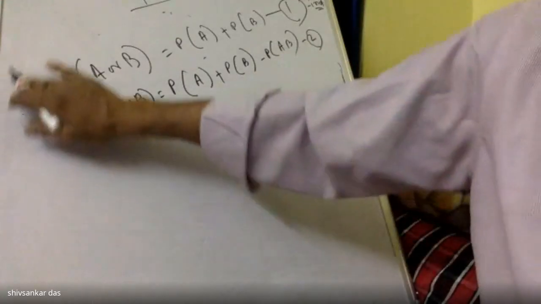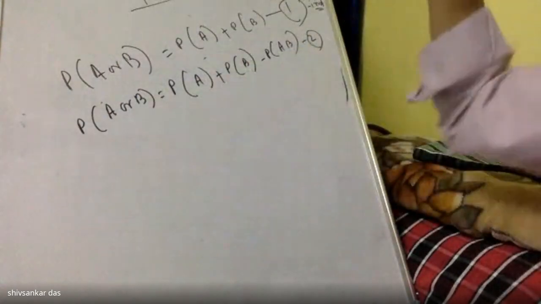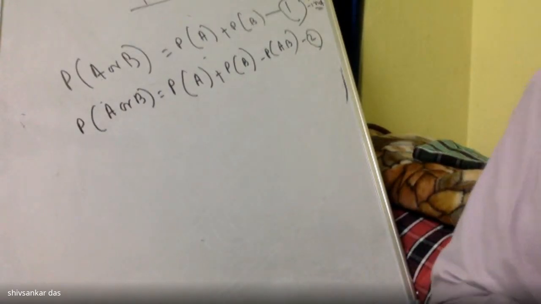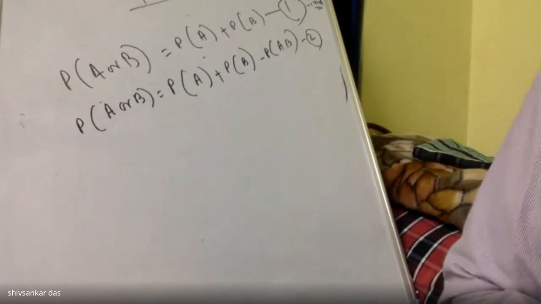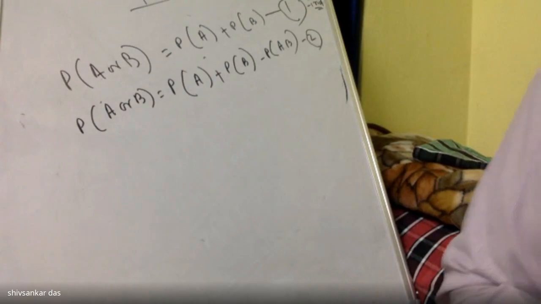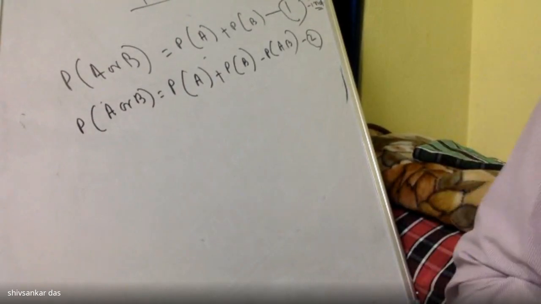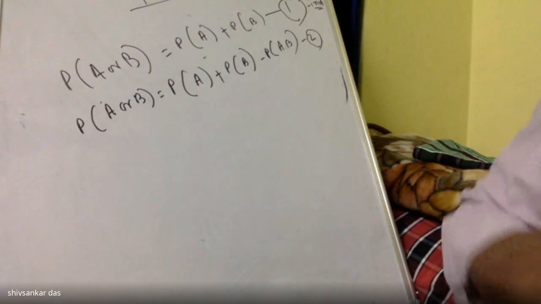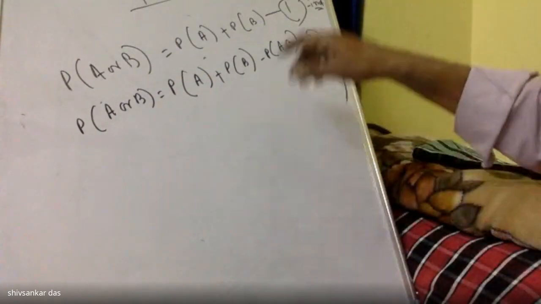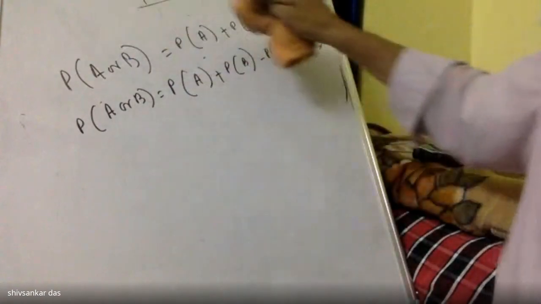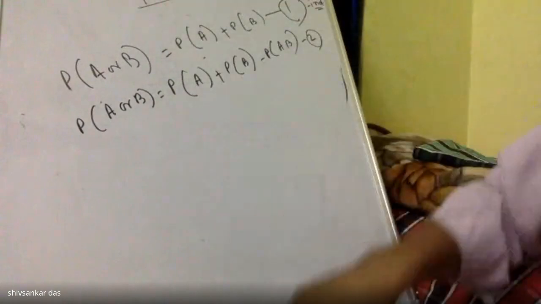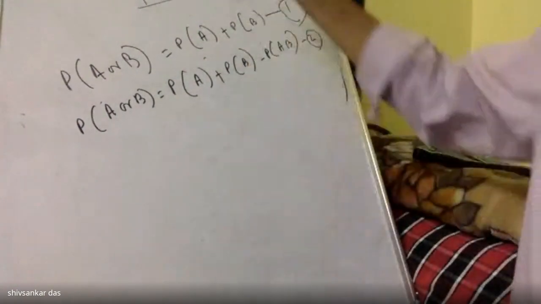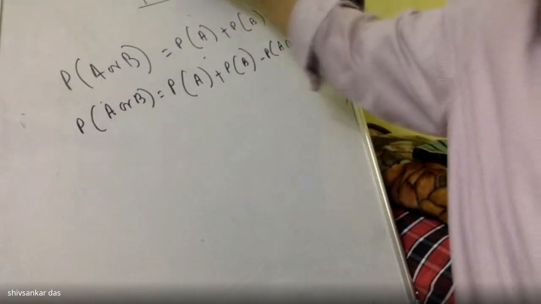I'll give an example on this. A is an event and B is an event, where the total is 14.